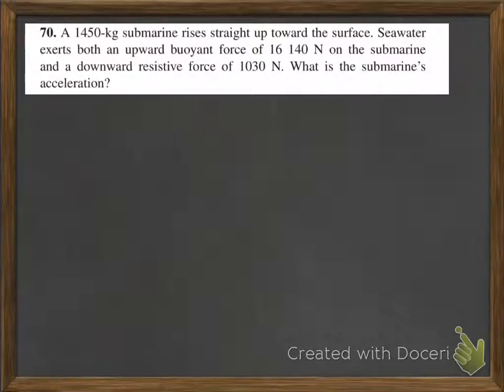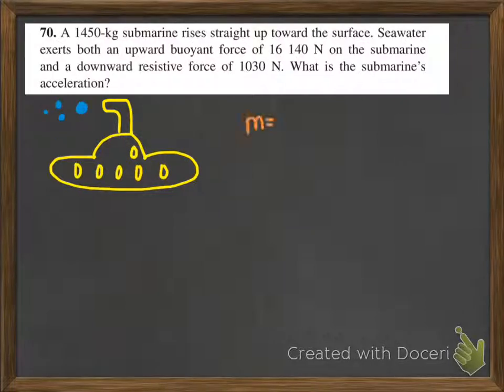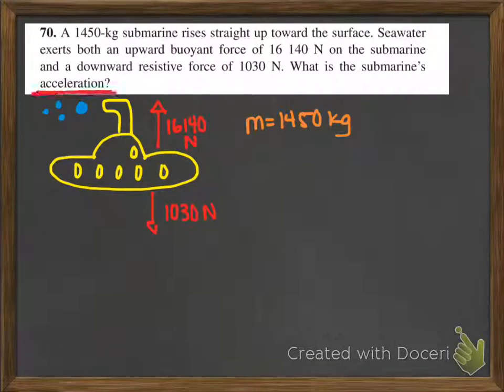So again, we use the same thing, force equals mass times acceleration. We have this submarine with a force going upward and a force going downward, and we are also given its mass.